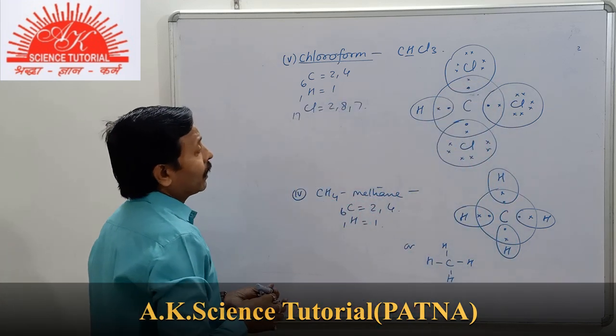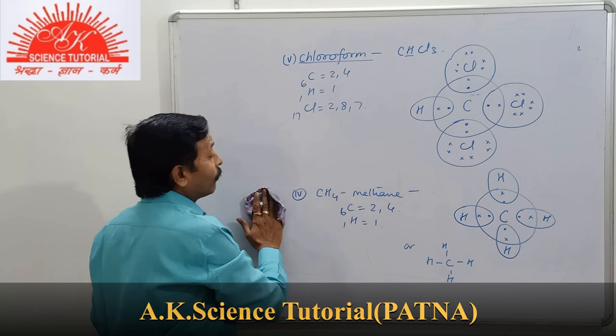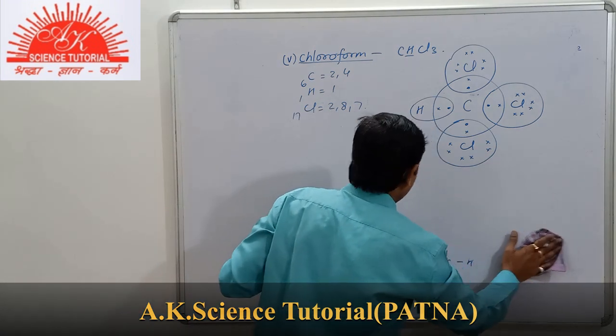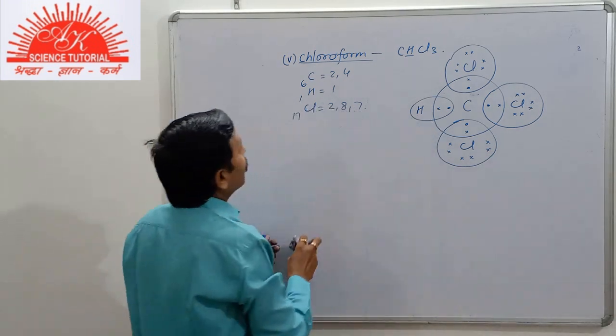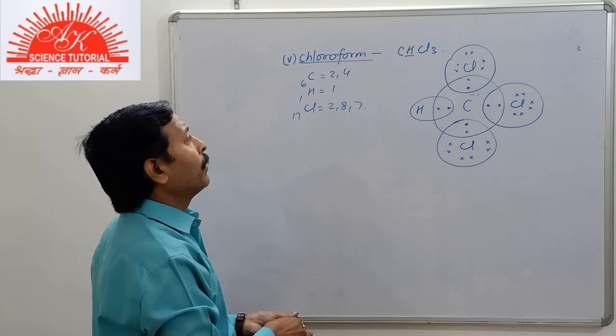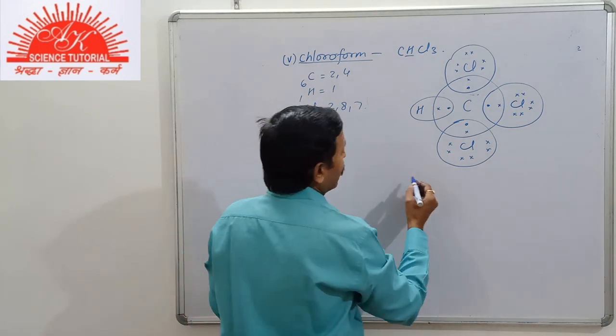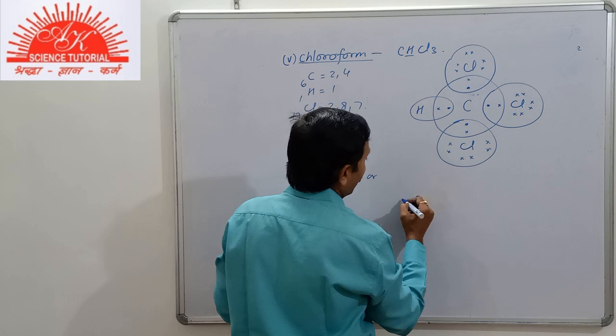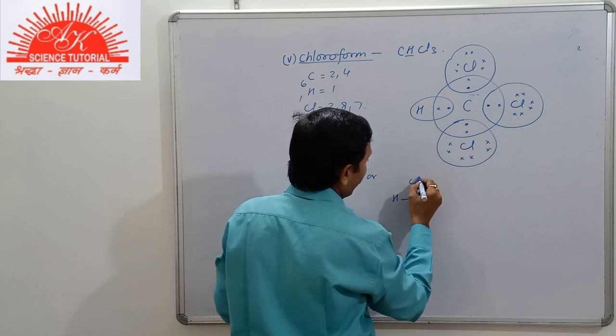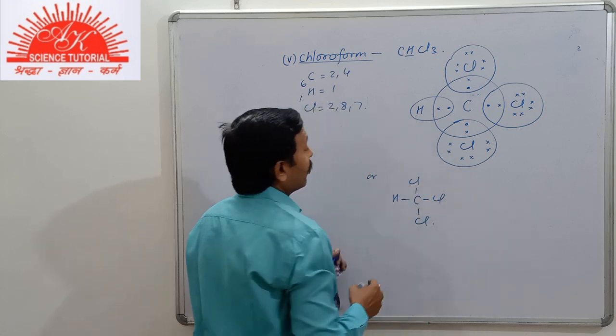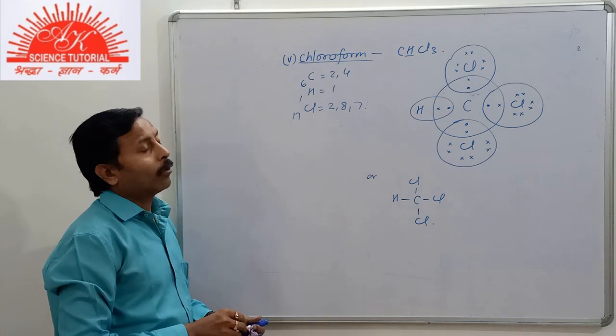So this is chloroform, or trichloromethane, or we can say methyl trichloride. Its structure can be written like this. So this is the chloroform molecule.